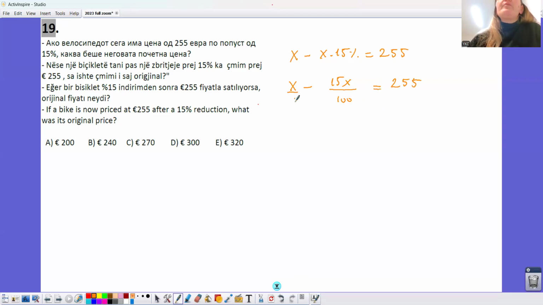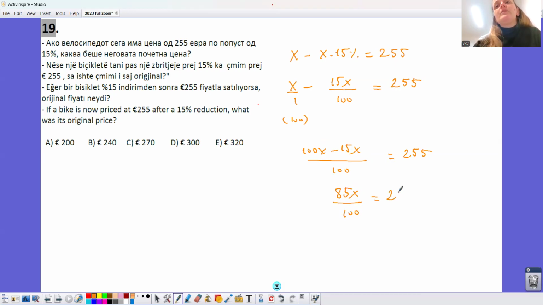When we do the operations, it will become 100x minus 15x over 100 equals 255. So this one is 85x over 100 equals 255. With the cross product, I will have 85x equals 255 times 100. So x equals 255 times 100 over 85.